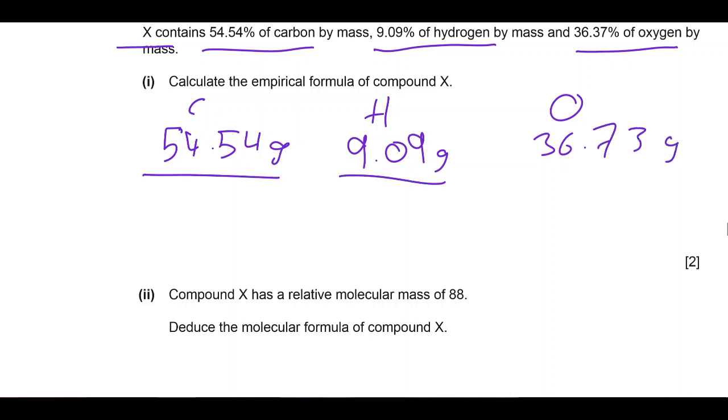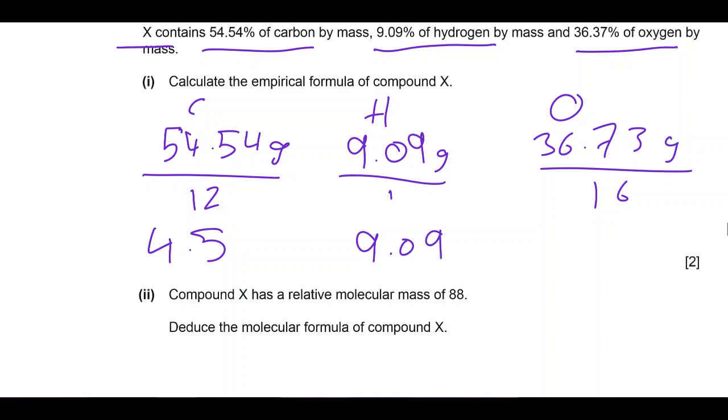Then convert them into their moles, so over 12, over 1, over 16, and this will give us these results. This one will be 4.5, the other will be 9.9, and this one will be 2.27.